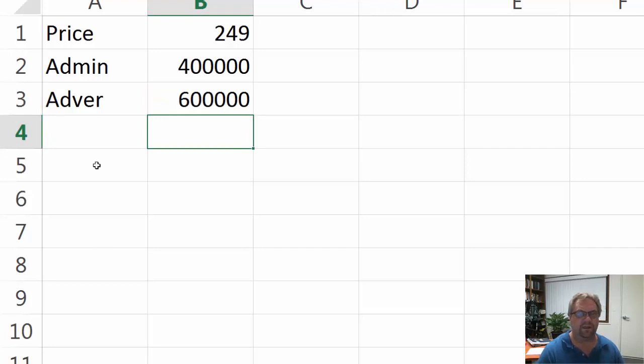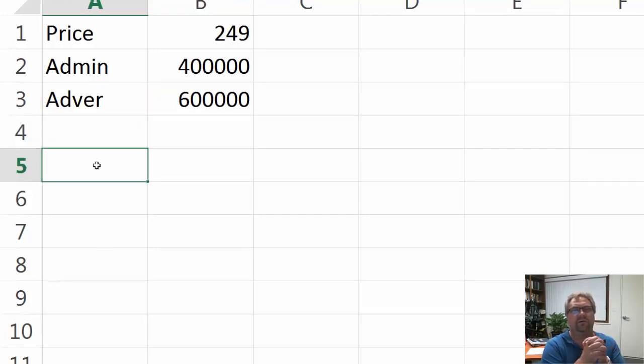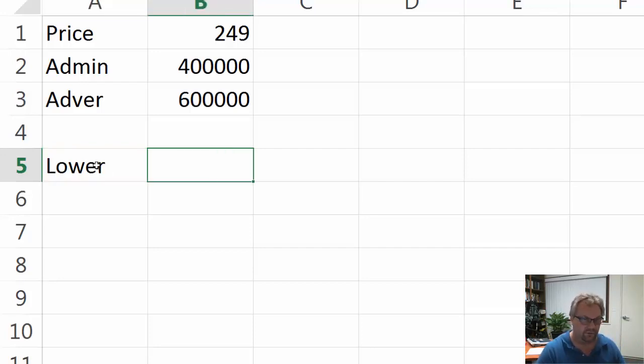Okay, so now what I need to do is start thinking about my simulations. Well, I know for my labor simulation, I need that VLOOKUP table. So I'm going to put that in next. If you remember from that video, you're going to need a table with two columns.